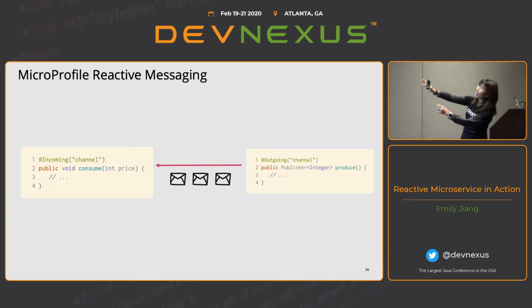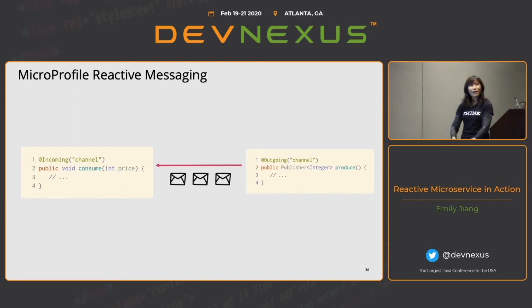In this scenario, these two microservices do not know each other. They don't need to know each other. They just subscribe to a particular channel. The publisher sends a message somewhere, and the consumer retrieves a message from somewhere.